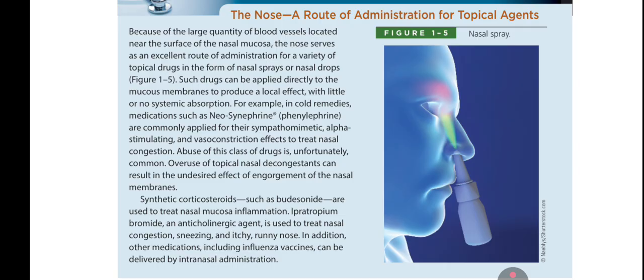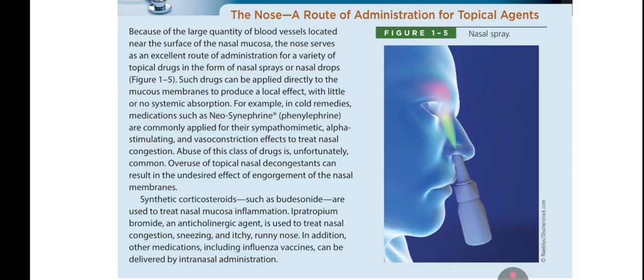It says here that it can give little to no systemic absorption. Therefore, it does not overcomplicate by producing its effects on the other organs. Okay, so its effects are only for the nose.